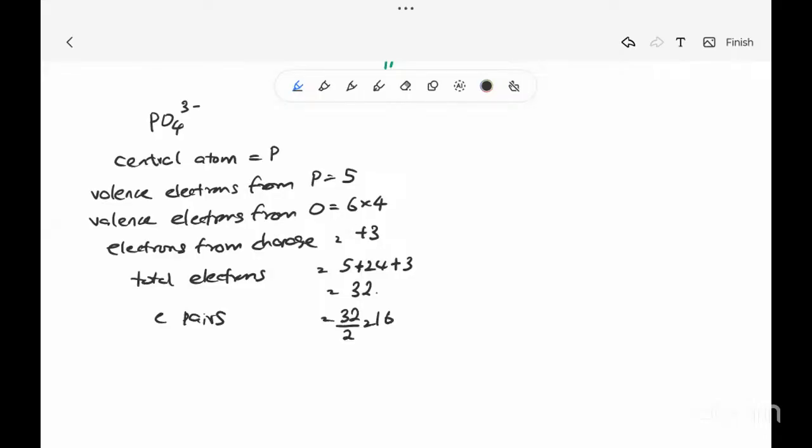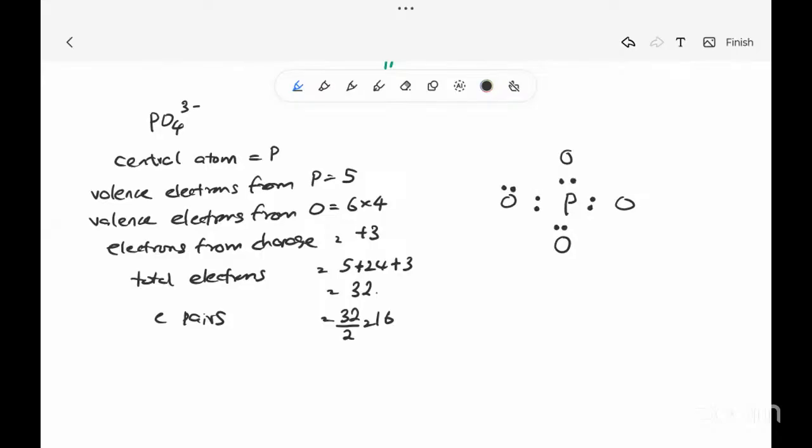Now we have to place them. Phosphorus is the central atom, with oxygen, oxygen, oxygen, and oxygen around it. Then the bond pairs: 1, 2, 3, and 4.